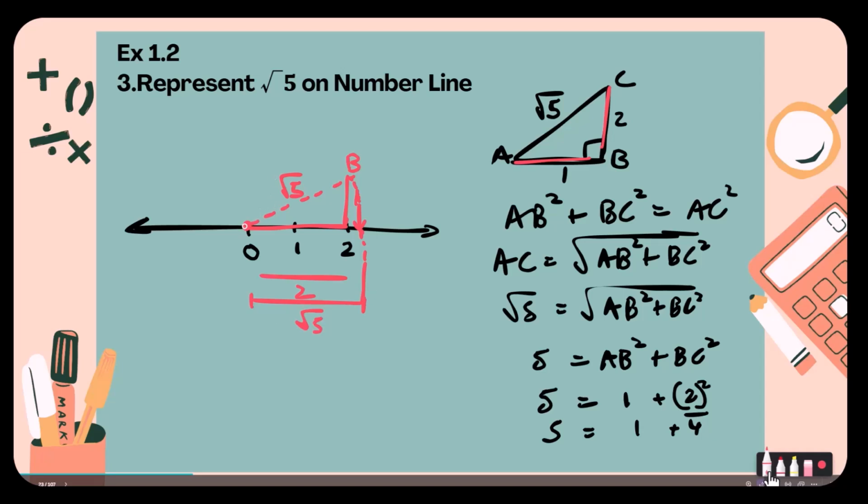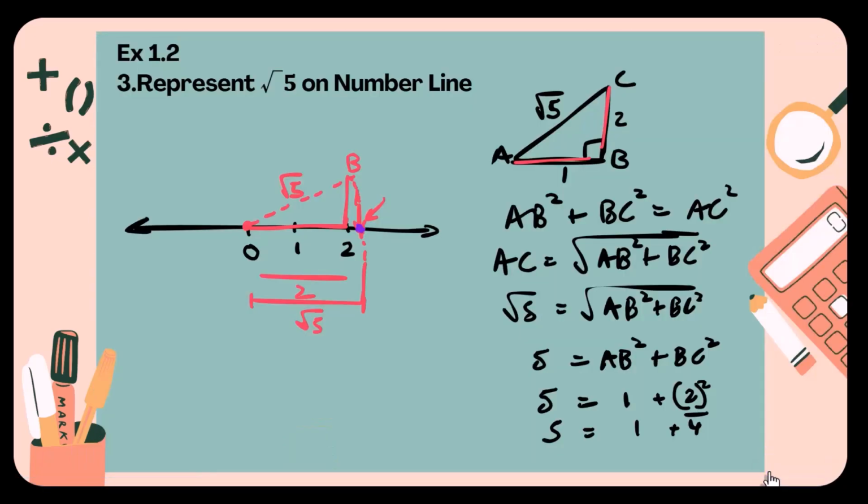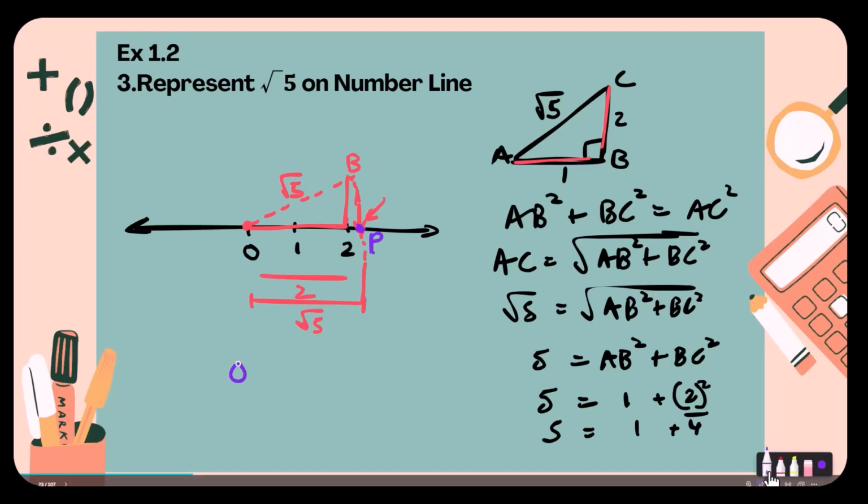OB as the measurement, marking it on the number line. So that point here will be root 5 on the number line, right? 0 to that point. Let's say that point is P. So OP is equal to how much? Root 5. Is this clear?